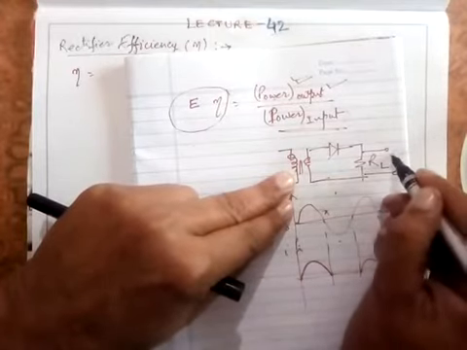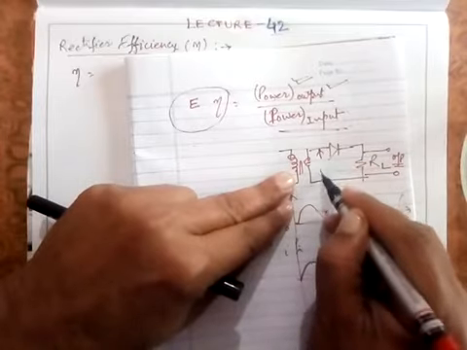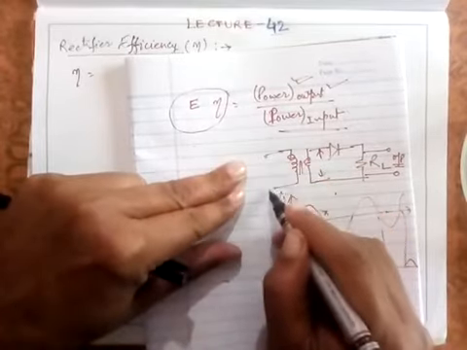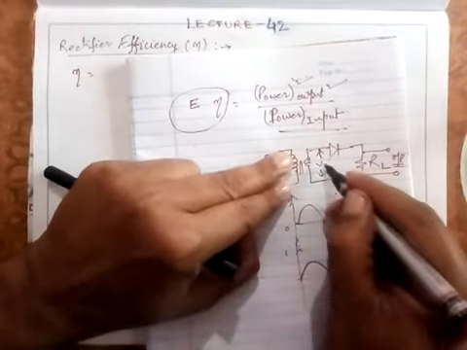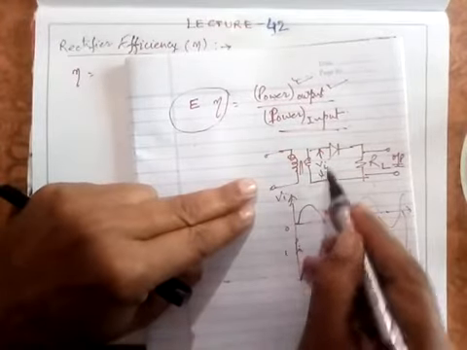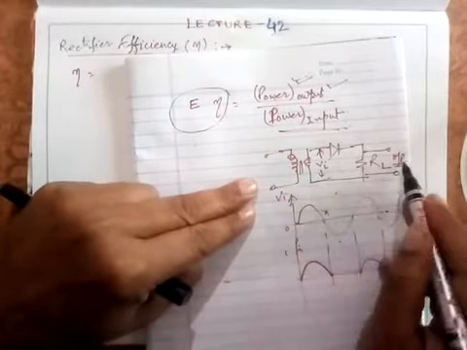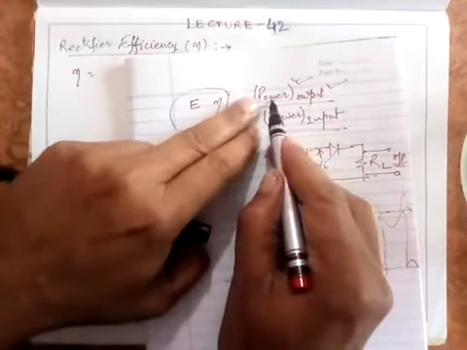This is the output point, and this is your input. We assume that the rectification starts from this point, so I am assuming this as Vi. This is my input and this is the output. So if this input is AC and this output is DC, which is delivered to the load, I can say that this is the DC power.